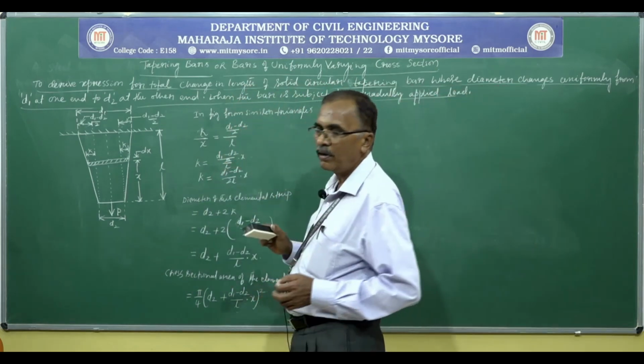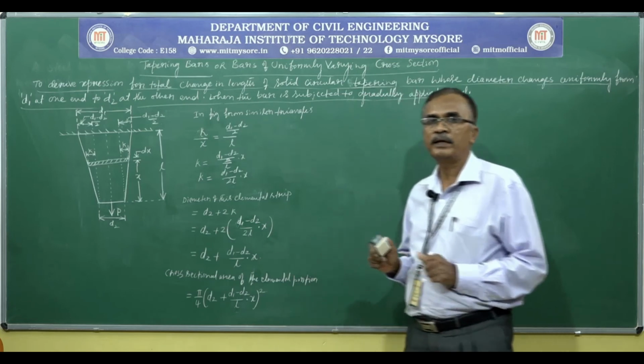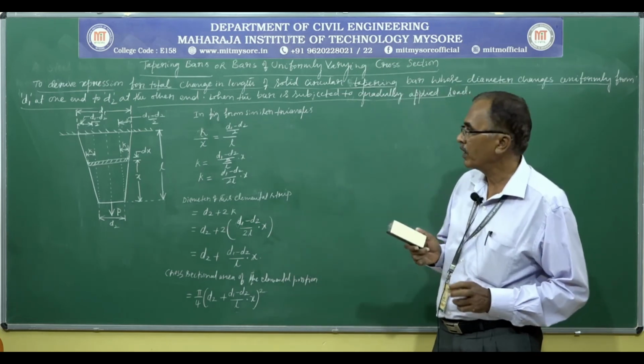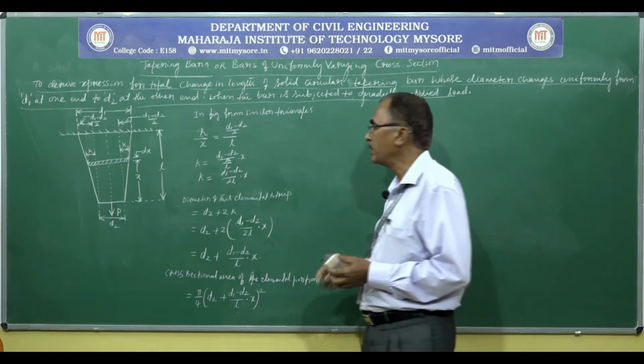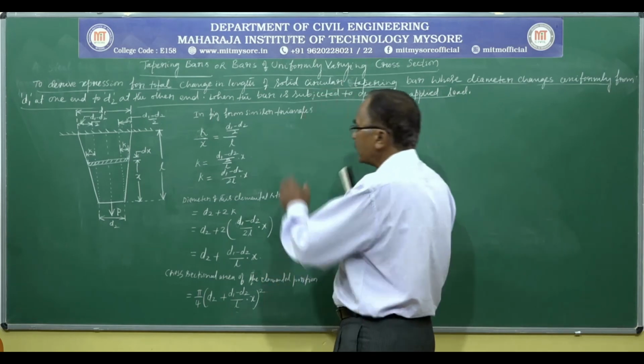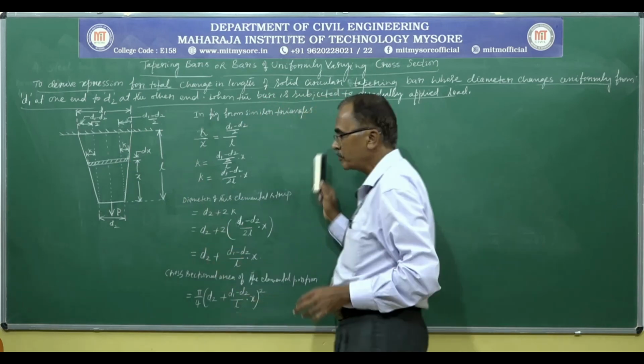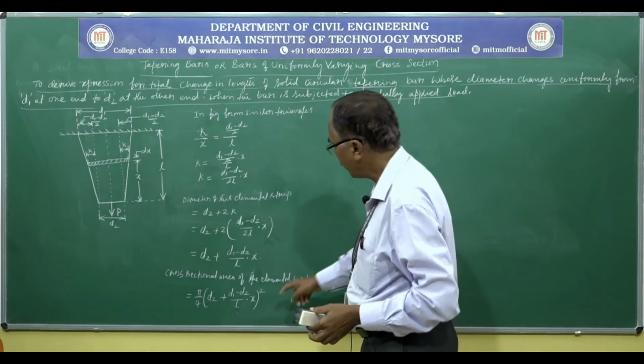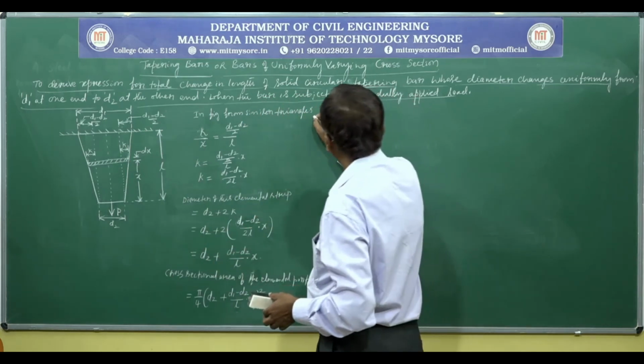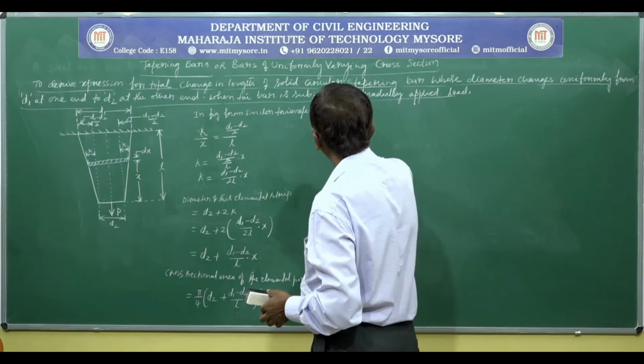Next, to calculate change in length of a bar of uniform cross section, we have the expression delta L is equal to PL by AE. By considering this elemental portion as a bar of uniform cross section, we can find the change in length.